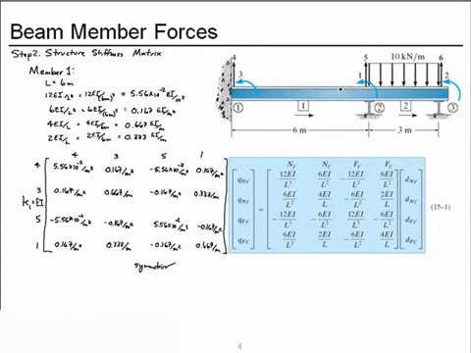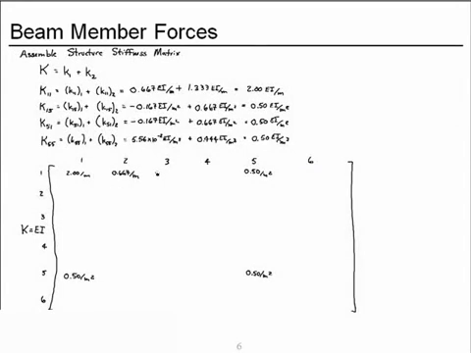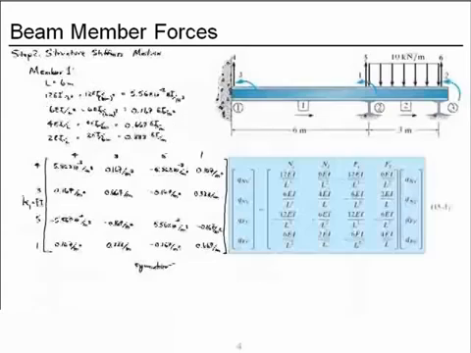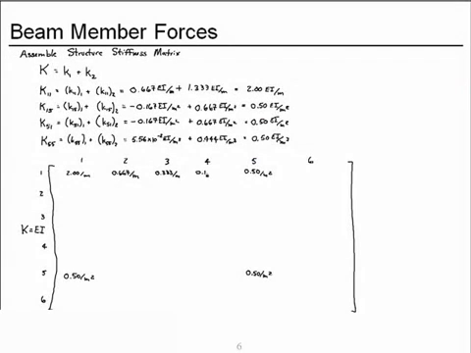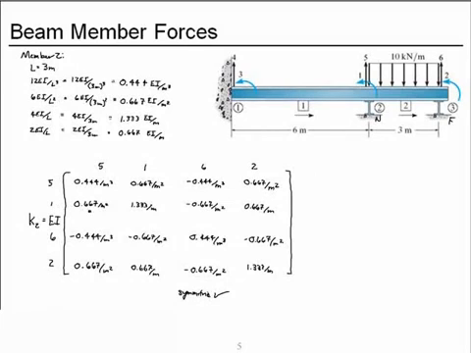Those degrees of freedom are only connected by member 1, so our coefficient is 0.333 EI per meter. 1,4 also comes only from member 1, 0.167 per meter squared. And 1,6, which comes only from member 2.